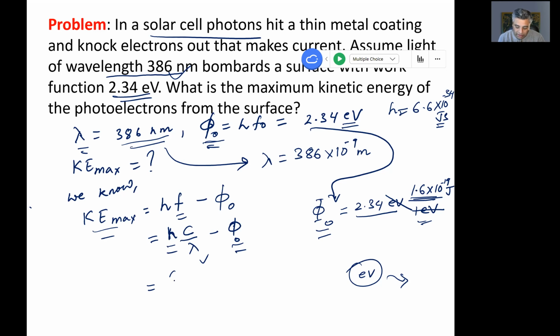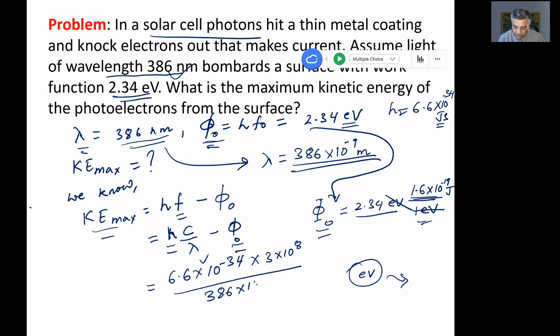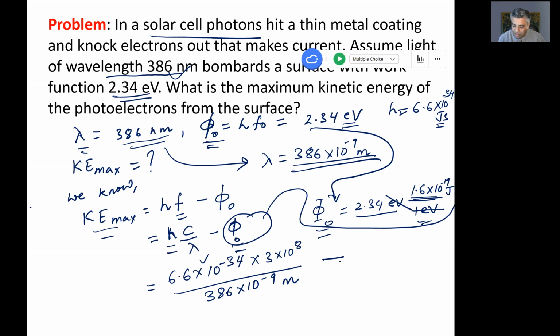So there are going to be a whole lot of numbers with a lot of exponents here. So that's h, and c is 3 times 10 to the power 8. And the wavelength, that's a given wavelength we can use in meters, right? 386 times 10 to the power negative 9 meters, minus phi 0, which is this number here.